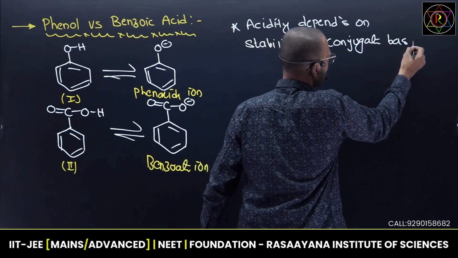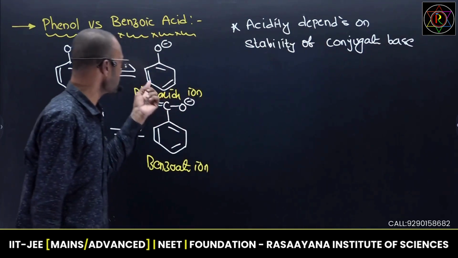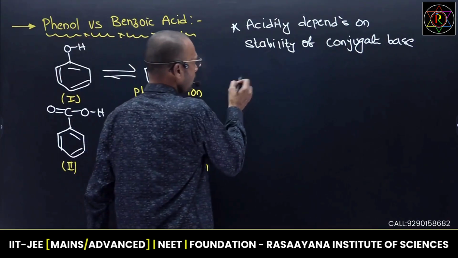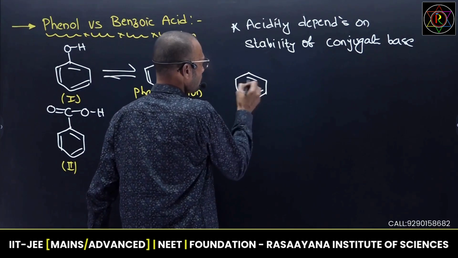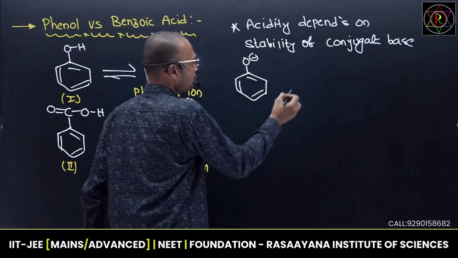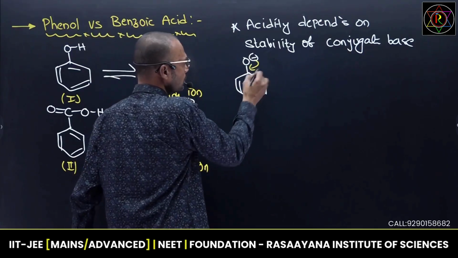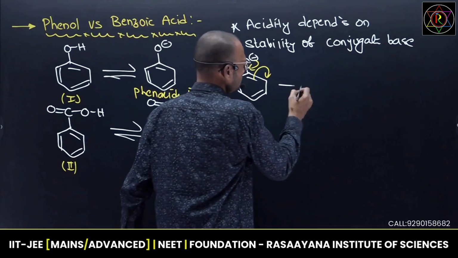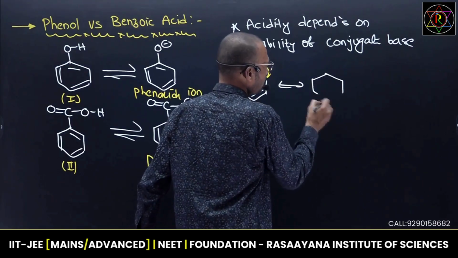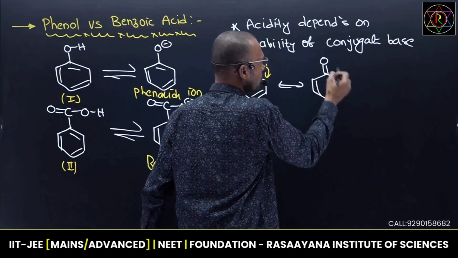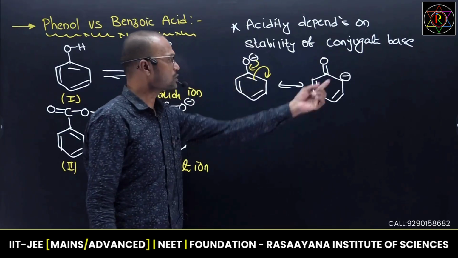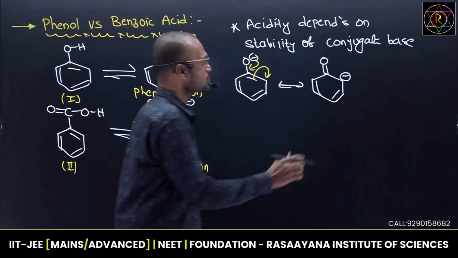So what is the conjugate base of phenol? Phenol's conjugate base is phenoxide ion. So now I am writing phenoxide ion. This is phenoxide ion. Phenoxide ion is stabilized by resonance. Now I am going to write one of the resonating structures. It resonates and gives carbon with negative charge. This is double bond O and this is the negative charge. Like that, this negative charge keeps on delocalizing from one place to another place.